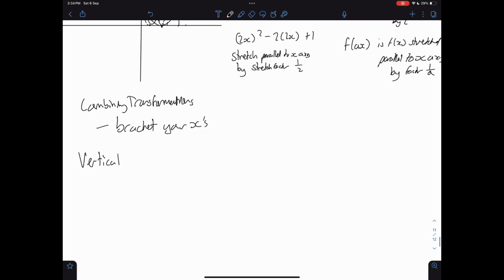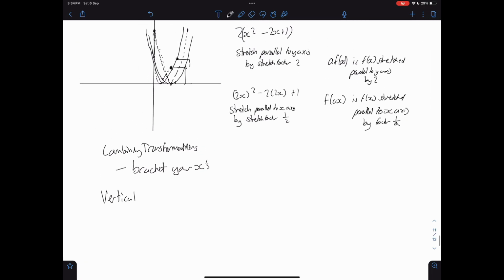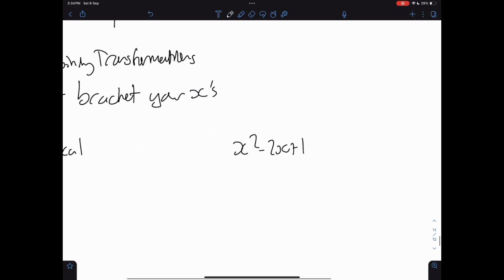if I give an example like x squared minus 2x plus 1, and I want to translate it up, so I add that, but then I want to stretch it as well. Well, oops, I've translated it up more by 5 because of that stretch.